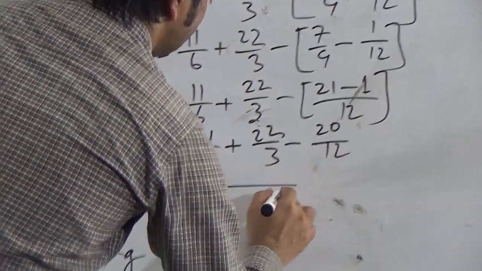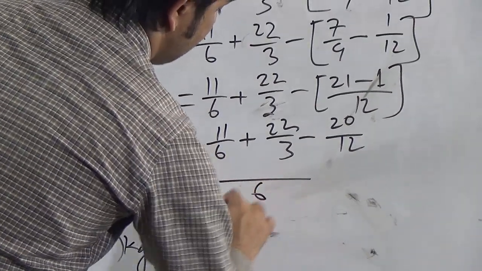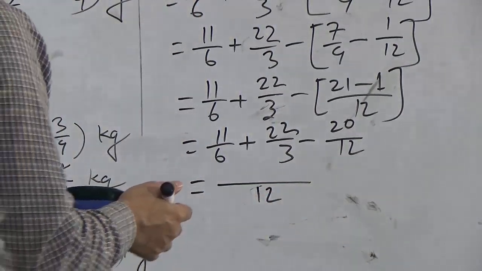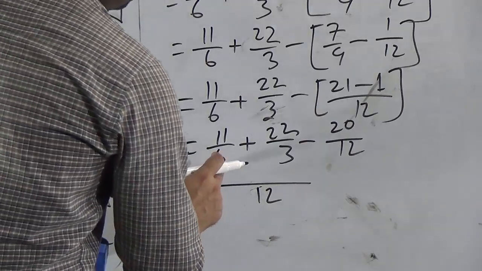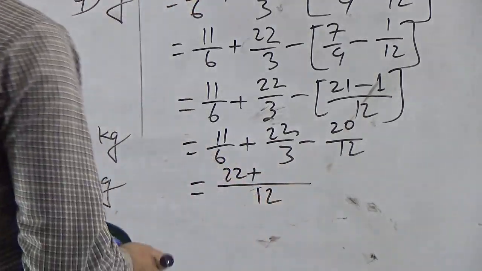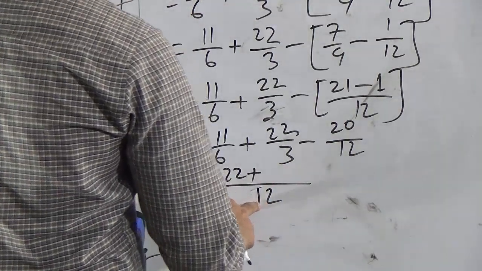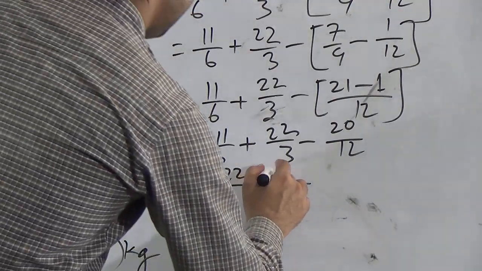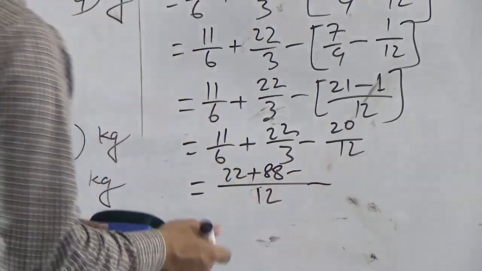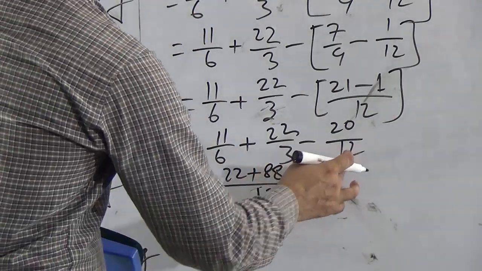Now we can do the LCM of 6, 12 and 3. This will be 12. Now it will be 22 plus, if we divide 12 by 3, we will get 4. It will be 88 minus 1.